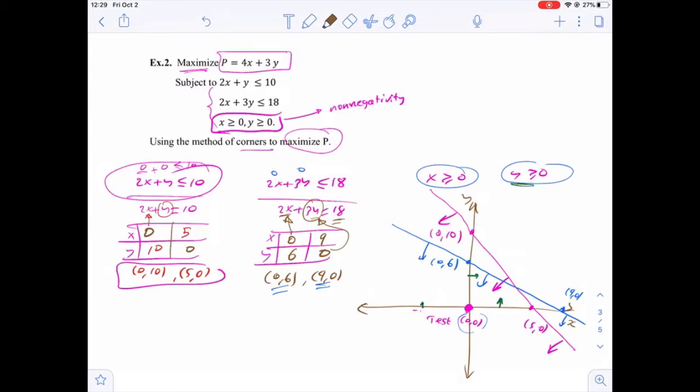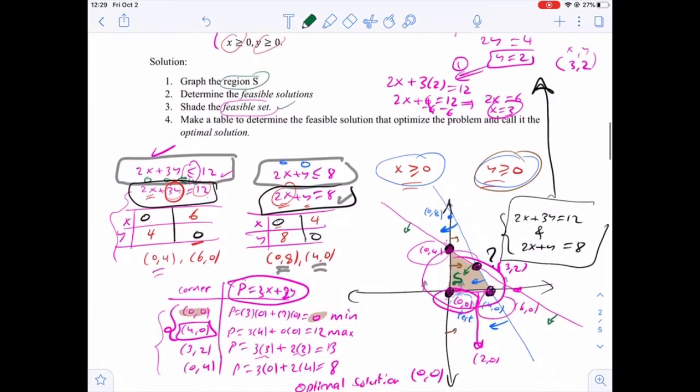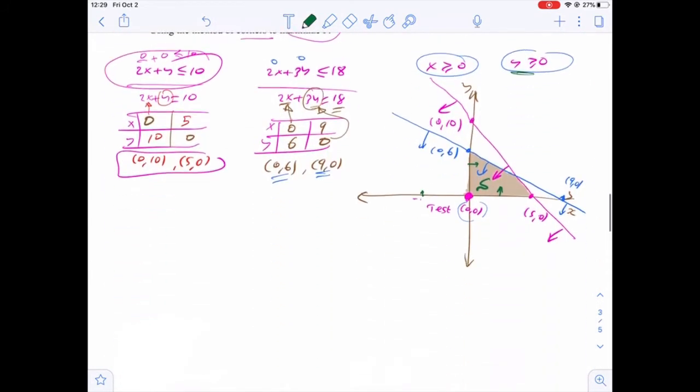The feasible region or the solution set, the region S. This is the region S. They overlap here. Okay, so this is the feasible set or region S.